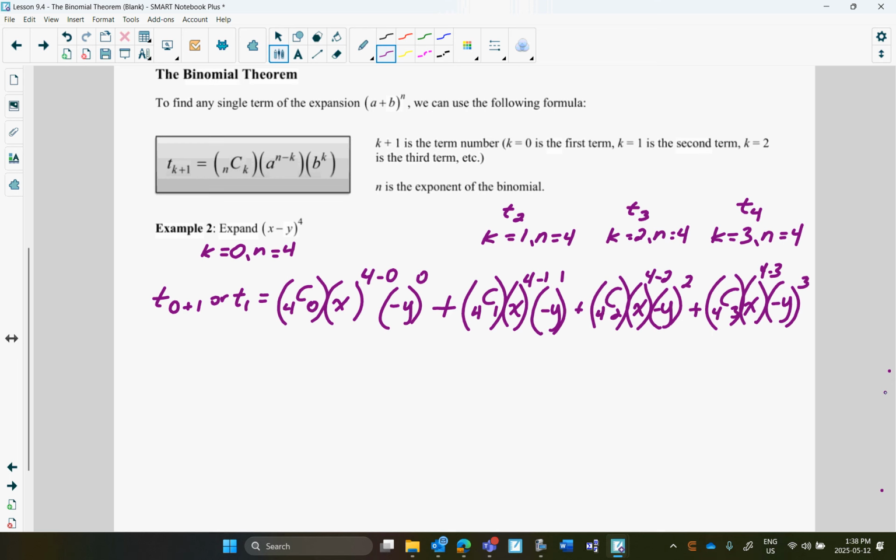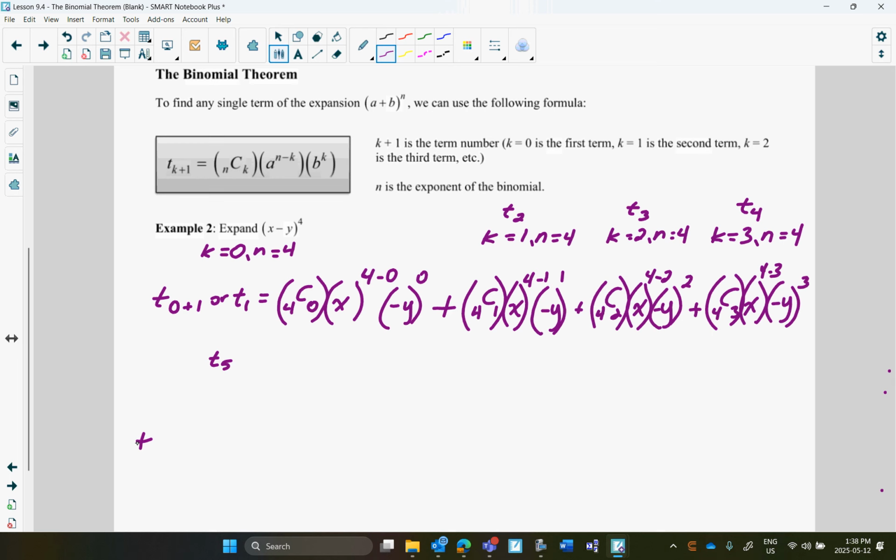Wait a minute. There's 5 terms. Pardon me. All right, I'll have to add it down here. T5. Because I have to run out n, or I have to run out k.